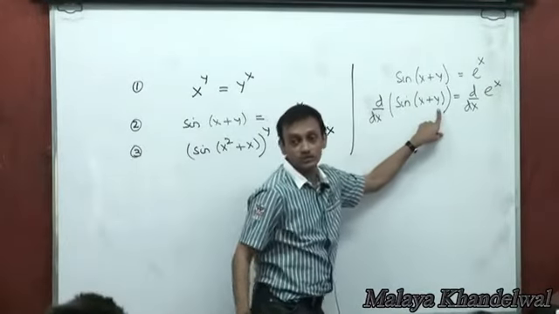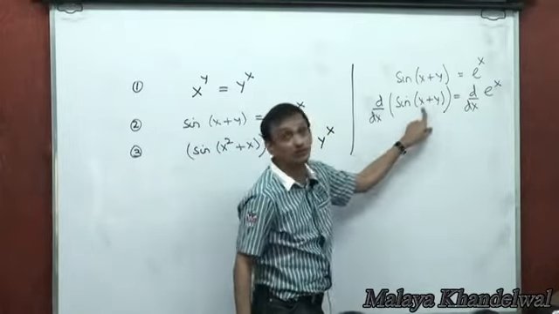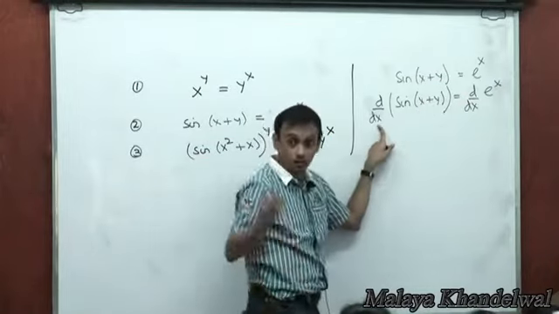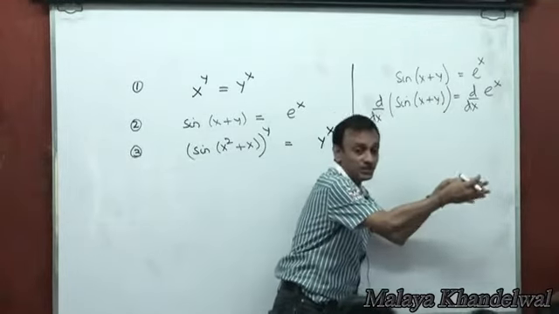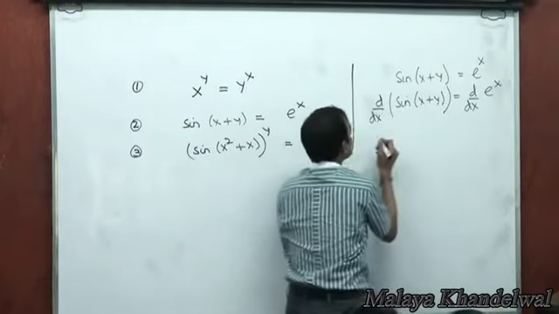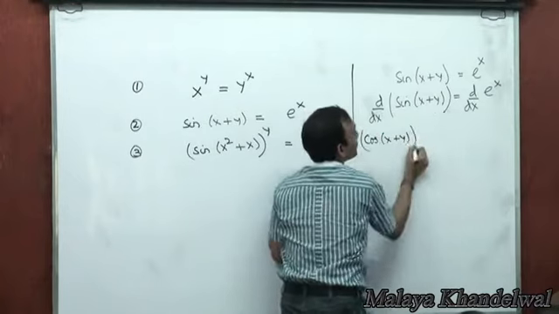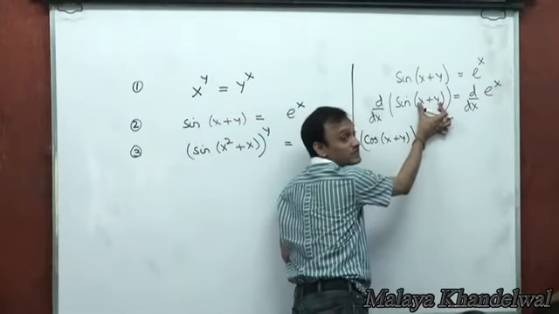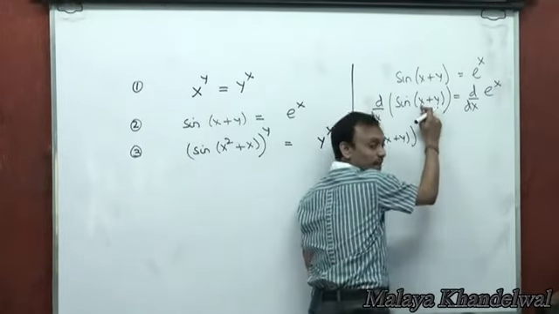Now go from outside to inside. I want to differentiate sine of (x plus y) not with respect to (x plus y), but with respect to x. So let me plunge into the sine first. From outside to inside, the outermost would give me cos, and then the innermost is x plus y. That means differentiate x plus y with respect to x. So this would give me 1.